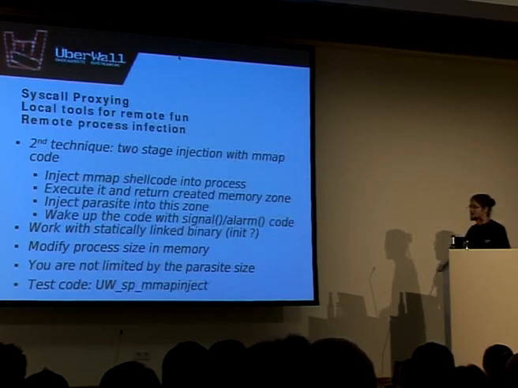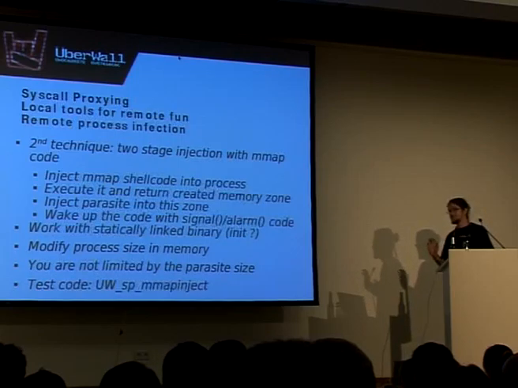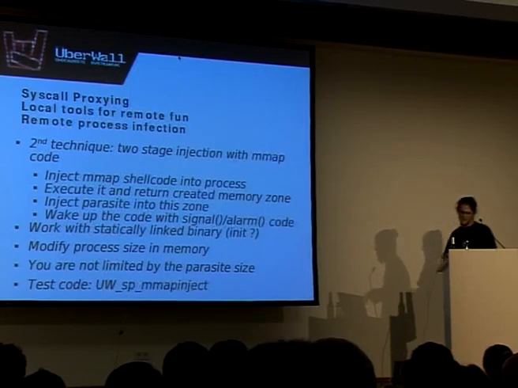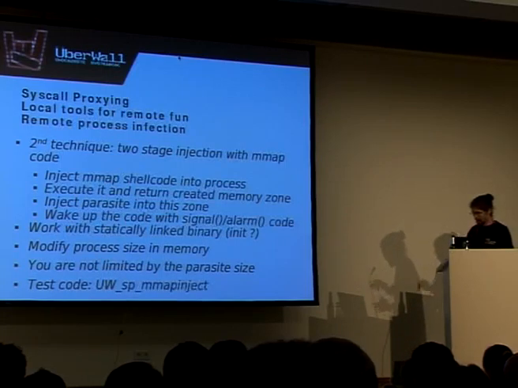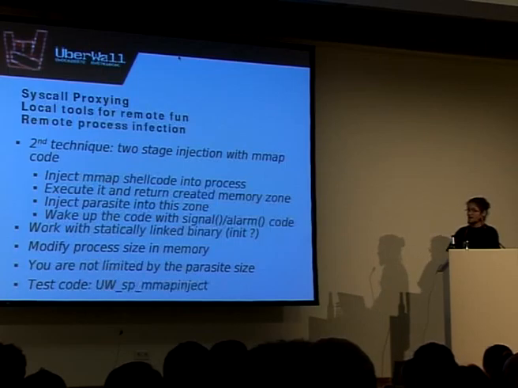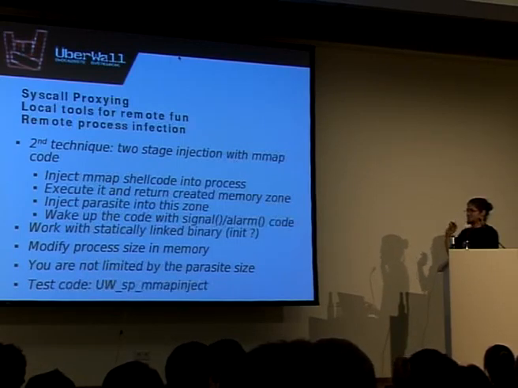And yeah, the bad thing is it's modifying the process size in memory, but you can spot it, I think. Yeah, that was not my way. And the good stuff is you're really not limited. This is your parasite. You can inject what you want. I tried with 2 megabytes or a bit more of parasite.